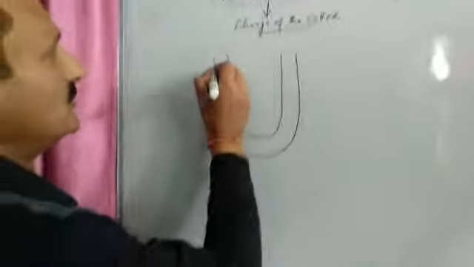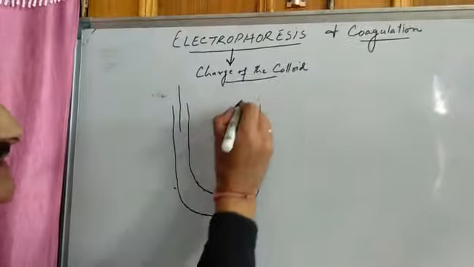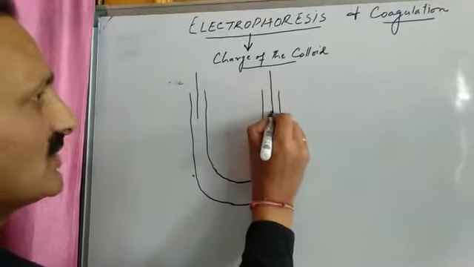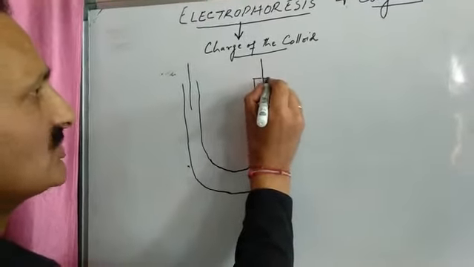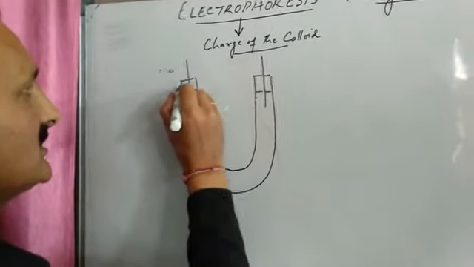Now, we insert two electrodes in it. These are platinum electrodes, metal electrodes.